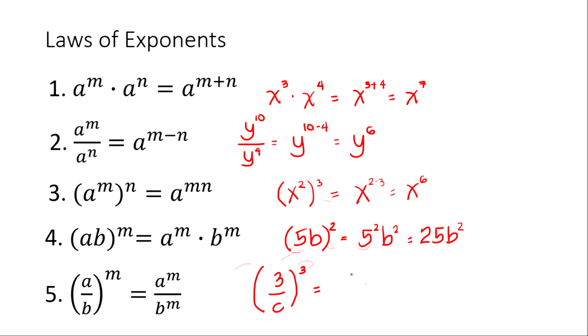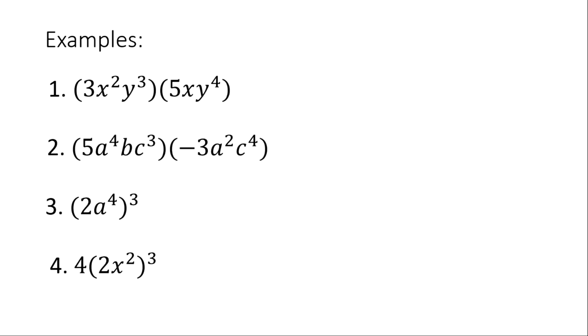So, ang mangyayari is we're going to have 3 to the 3rd power and c to the 3rd power. So, that is the same as 3 times 3 times 3, we have 27 over c to the 3rd power. Okay? So, let's try to answer some examples.